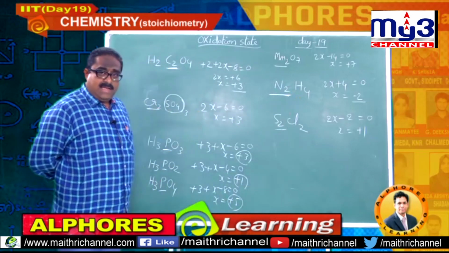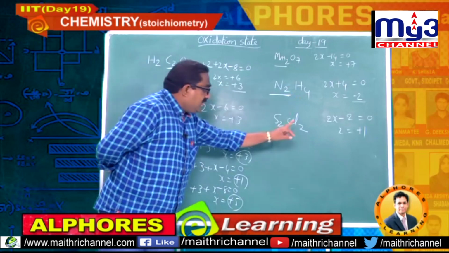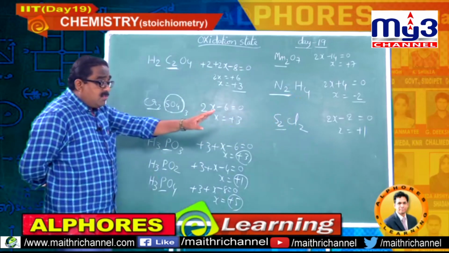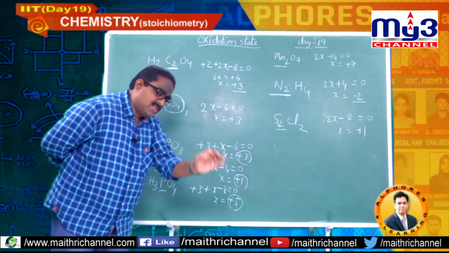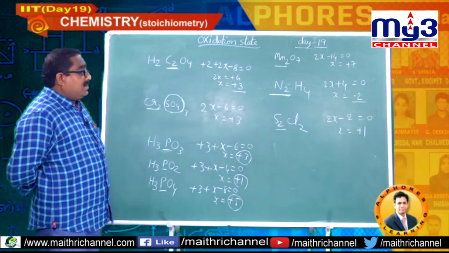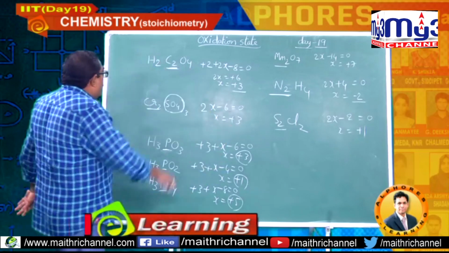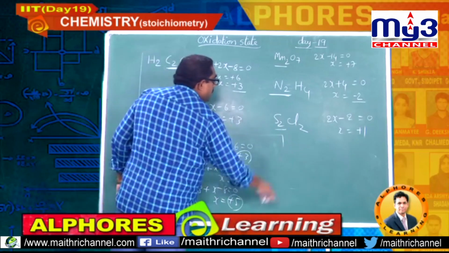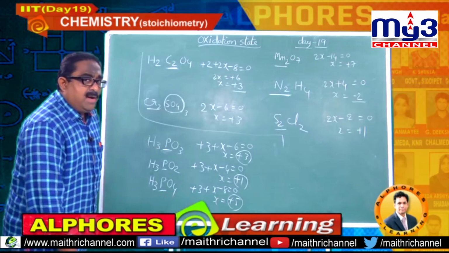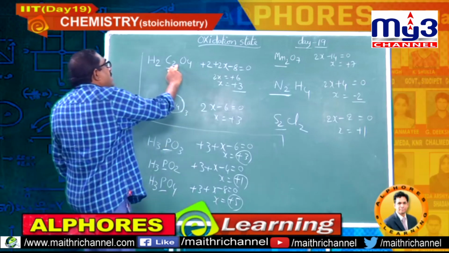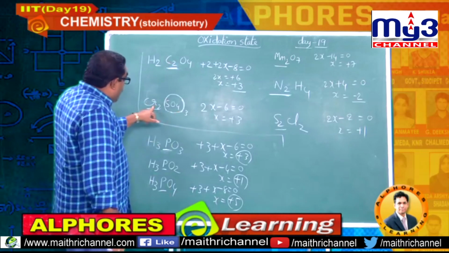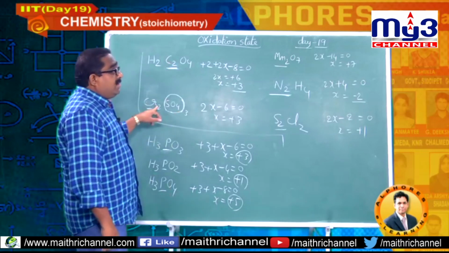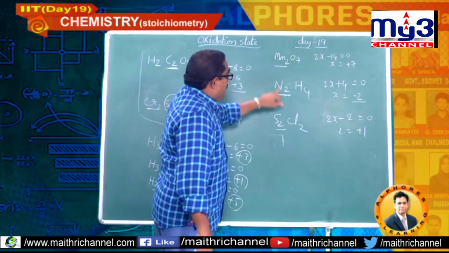For both the sulfurs, it is +1, because for one element X has +1, for both the sulfurs also individually +1. But for these 5 compounds, the same element is present in more than 1 atom. Here 2 atoms of carbon are there, 2 atoms of chromium, 2 manganese atoms, 2 nitrogens, 2 sulfurs.